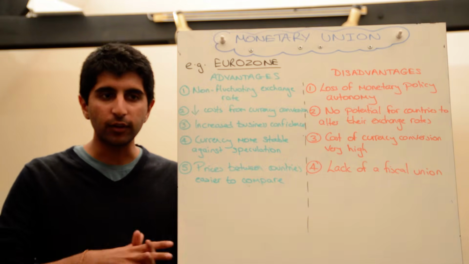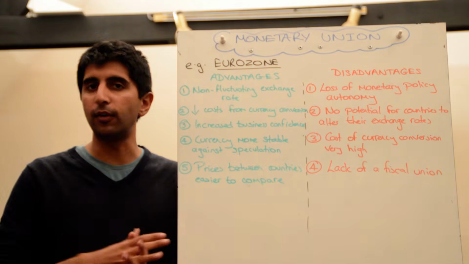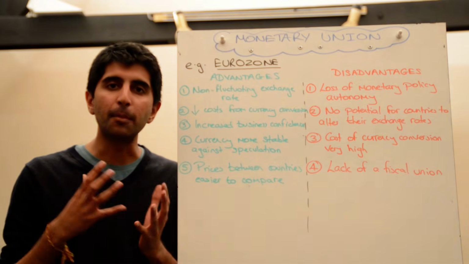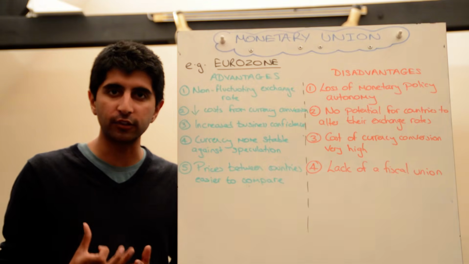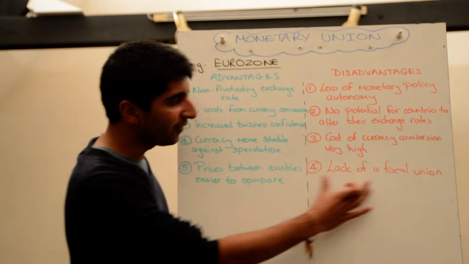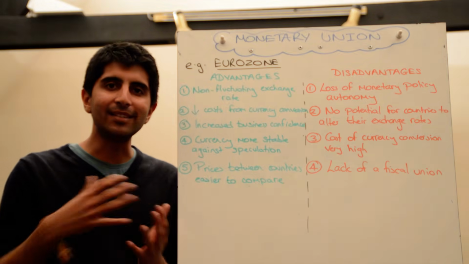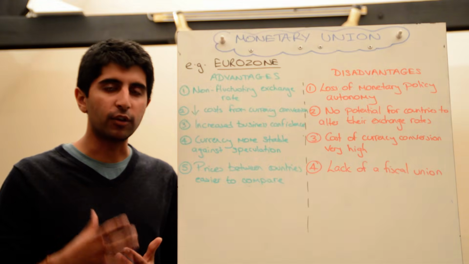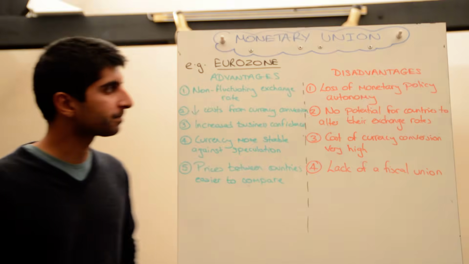And if the euro does go into collapse and there is a run on the euro, it's other major nations like Germany and France that have to bail out these countries and suffer the cost as a result. So a lack of a fiscal union could lead to a destabilisation of the entire trading bloc if countries are very reckless with their fiscal policy.